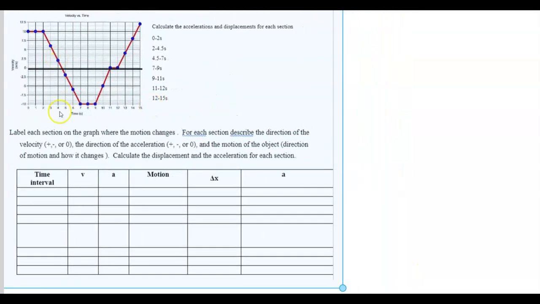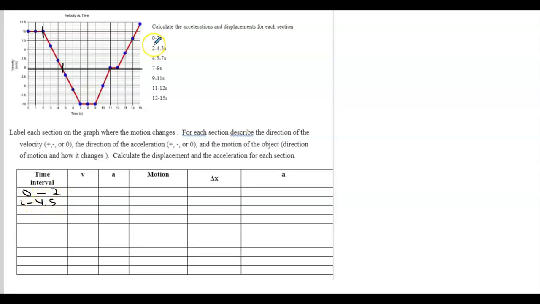So looking at this graph, the different time intervals that we have, it says label each section of the graph where the motion changes. So this would be one set of motion, it looks like for the first 2 seconds. So this is like 0 to 2. So that's one section here, and I'll put a tick line there. The next time it changes, maybe going across to 4.5. So they're basically these time intervals that I listed below. I think I have an extra box here, that's okay, I just miscounted when I was setting it up.